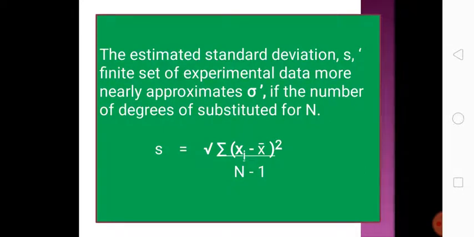The estimated standard deviation more nearly approximates sigma of infinite sets of experimental data if the number of degrees of freedom is substituted for n. So we can get the value of standard deviation, and it will be shown in the slide.